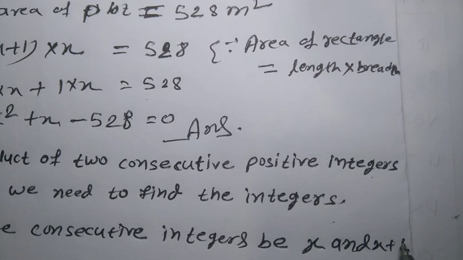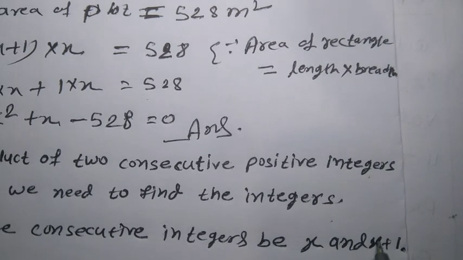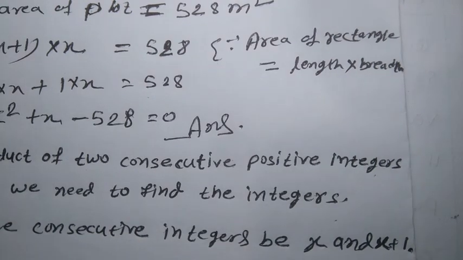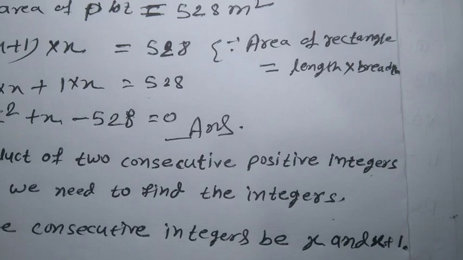Suppose that one integer is 2, then the consecutive integer is 3. So we also write 3 is equal to 2 plus 1. So if the first integer is x, then the second integer is x plus 1.